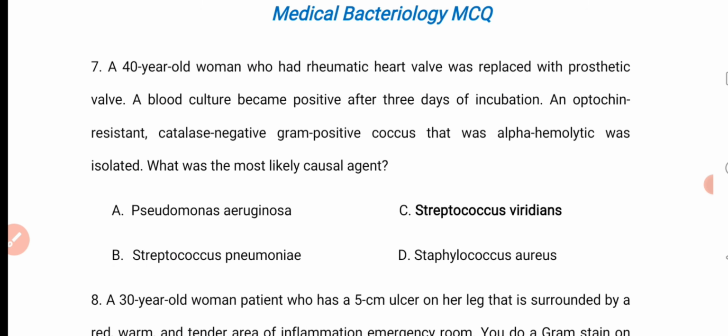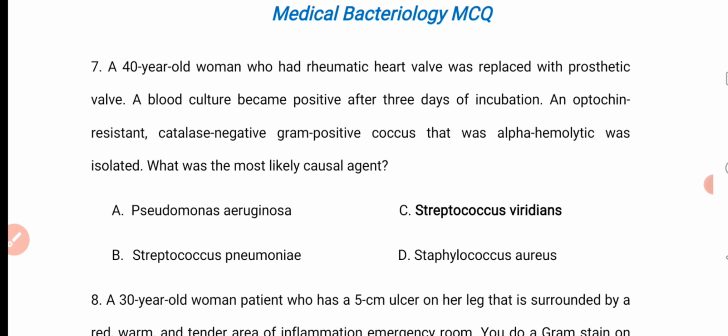What is the most likely causal agent? As we know, there are different kinds of biochemical tests for gram-positive bacteria. The first is catalase, right? Catalase negative means it's Streptococcus. It's not Staph.